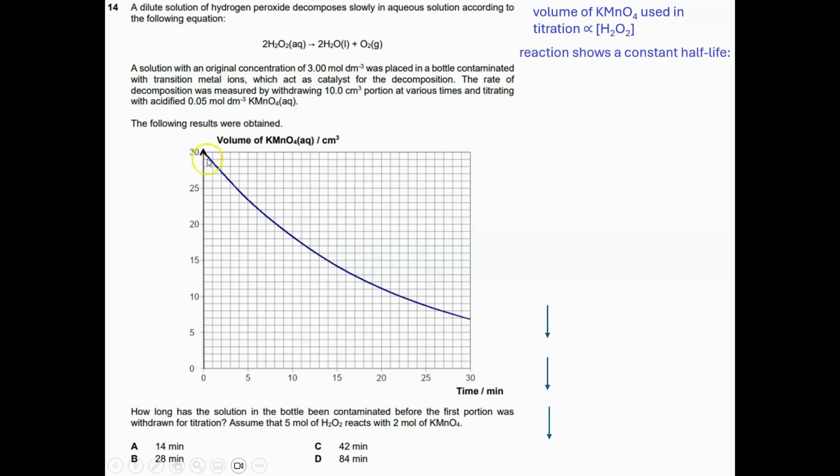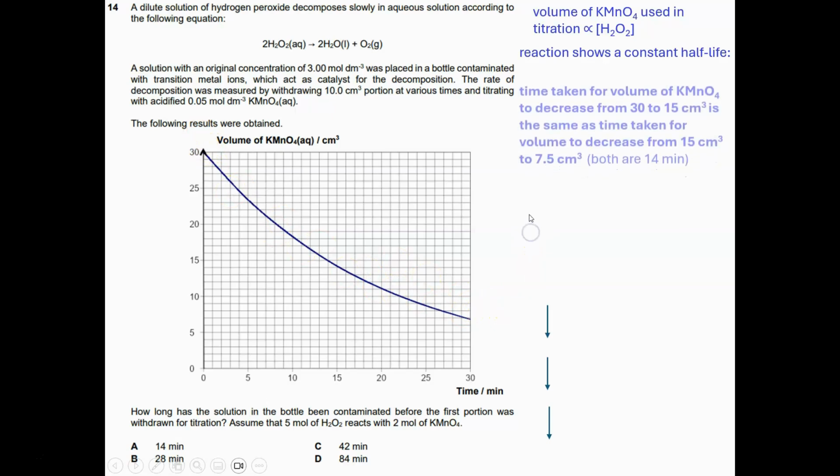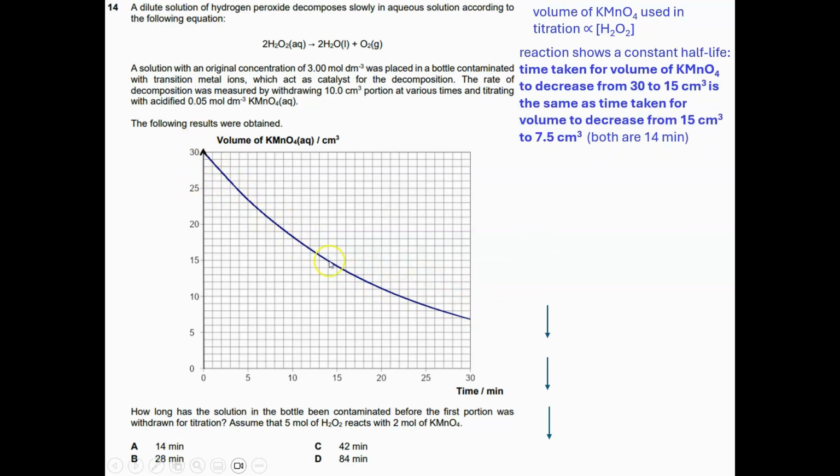Second thing, if you look at this graph, it shows a constant half-life. The time taken for the volume of KMnO4 to decrease by half, from 15 to 7.5, is 14 minutes. To decrease from 7.5 to 3.75 is also 14 minutes.